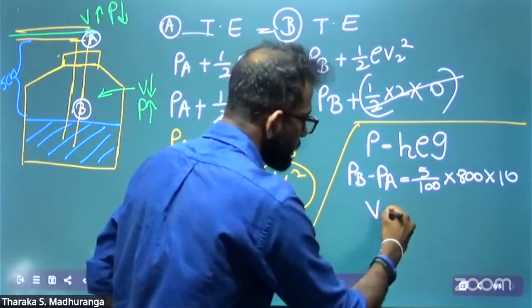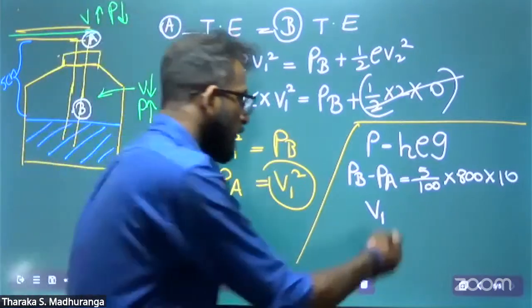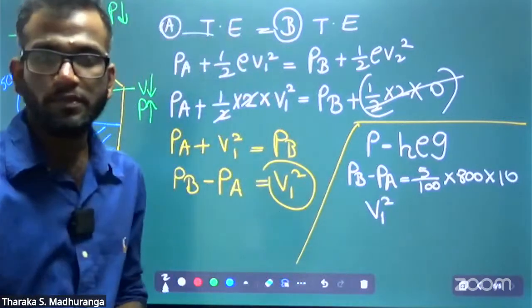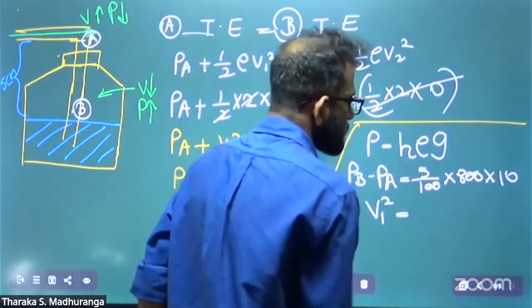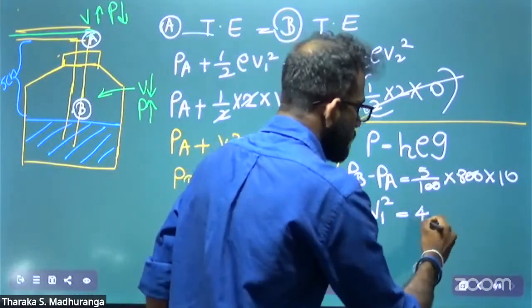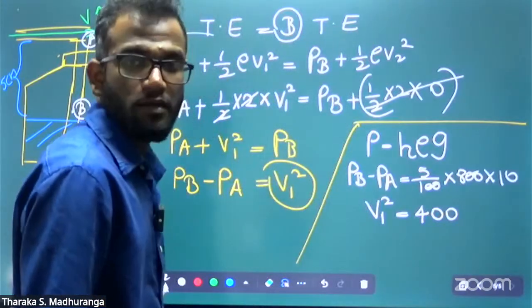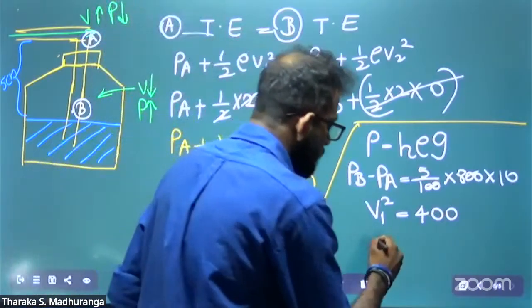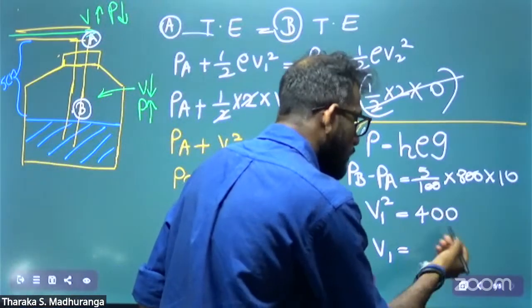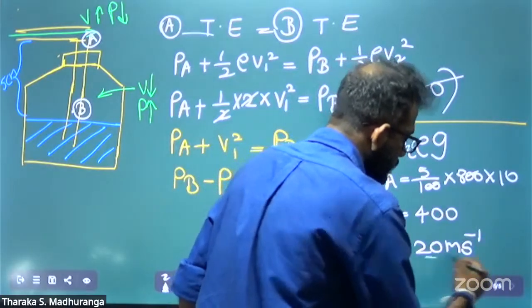Then instead of PB minus PA, I can substitute V1 squared. V1 squared equals 400, the 20s cancel out. V1 equals the square root of 400, which is 20 meters per second.